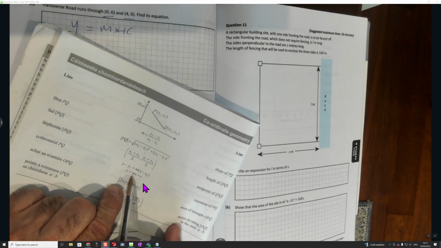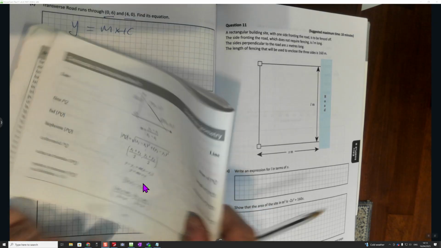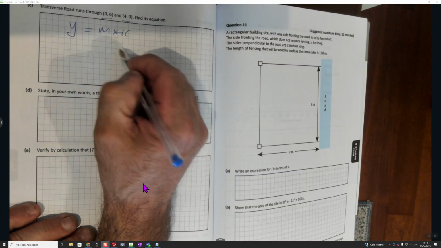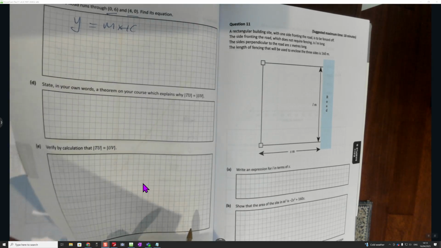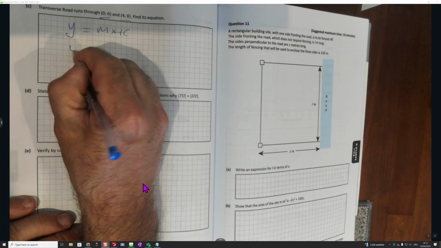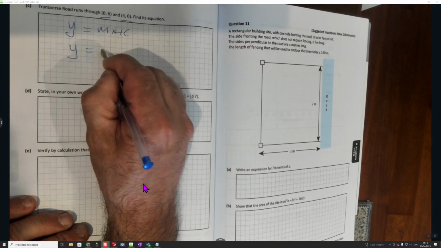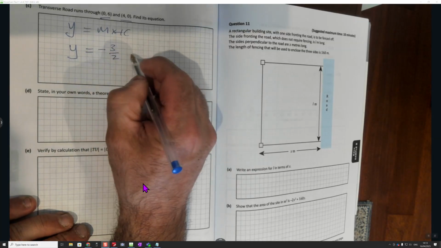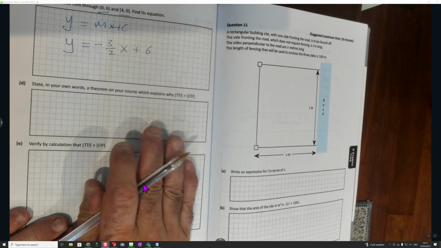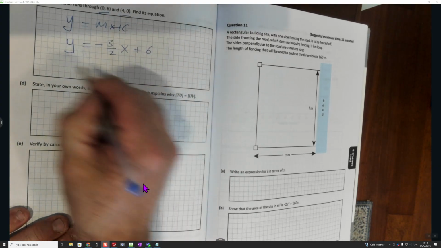Okay, so we'll use the slope intercept form y equals mx plus c, which I've written here. Okay, so the m is minus 3 over 2. Y is a variable, minus 3 over 2 is substituted, and 6 is substituted. Find its equation. So that's the equation.